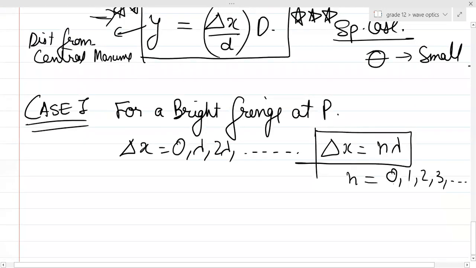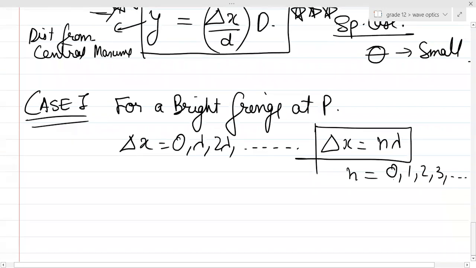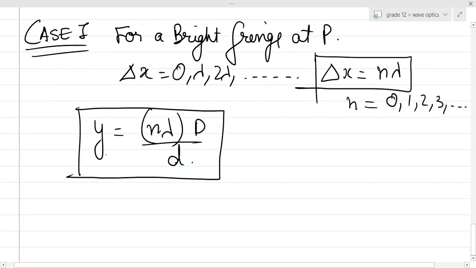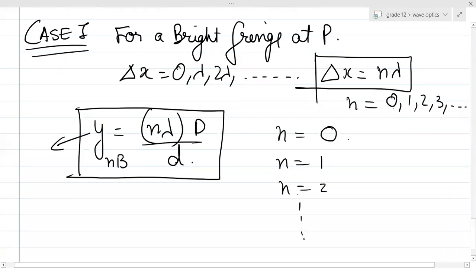Yes or no? So we generalized it like this: delta x was equal to n lambda. Let me put it over here. If I put it here, y equals n lambda into D by d. Yes or no? So n lambda into D by d. This is for the nth bright position. But here n will start from 0, 1, 2 and so on.